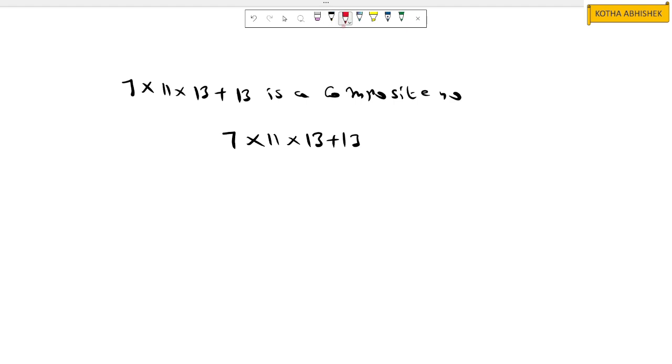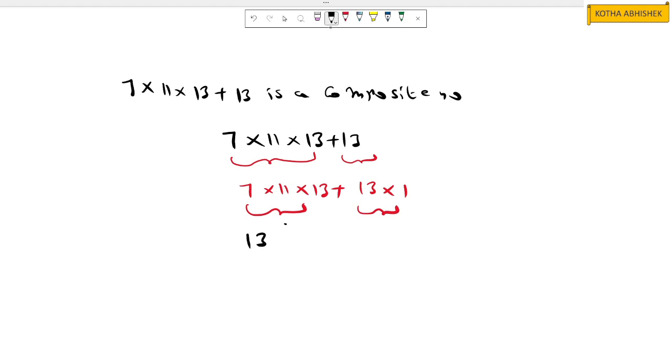Now here 7 into 11 into 13 and this 13 both are separated by a plus symbol, right? So that's why 7 into 11 into 13 is one term and this 13 is one term. So first term I'm writing as it is, that is 7 into 11 into 13 plus, in the second term we have 13, right? The 13 I'm writing as 13 into 1. Now if we observe these two terms properly, definitely one number will be common, and that number here is 13. So take out 13 common. Now from this first term 13 we took, right?